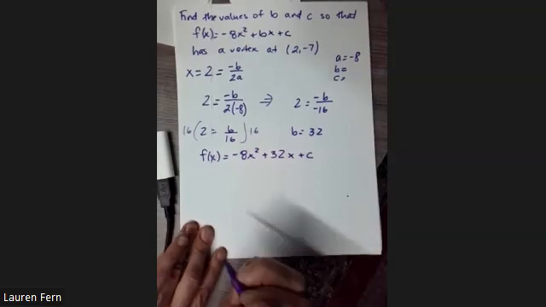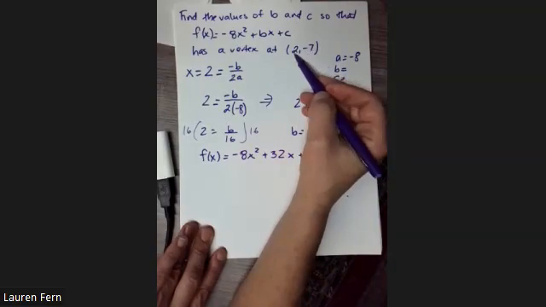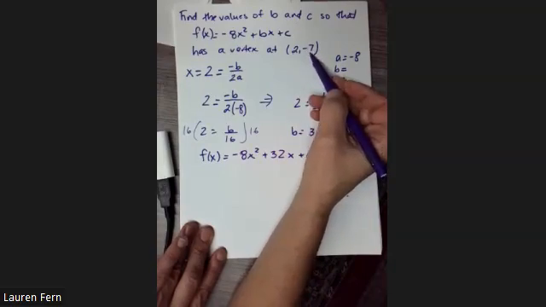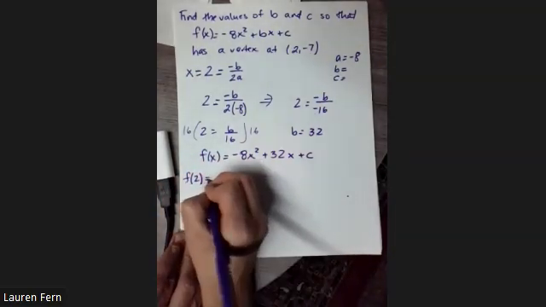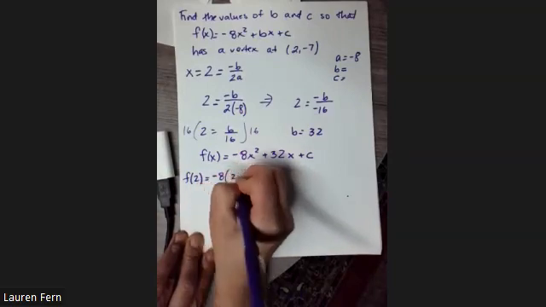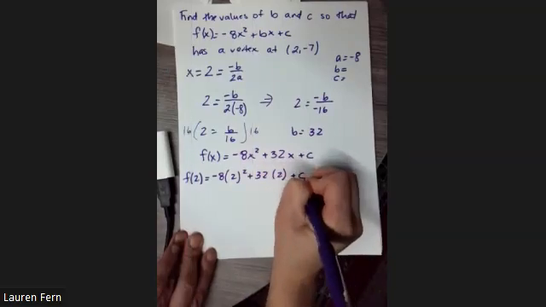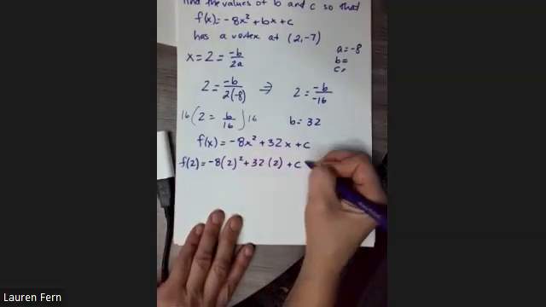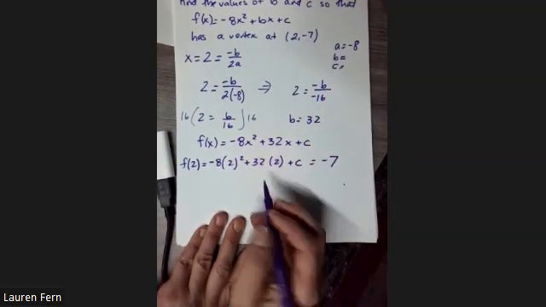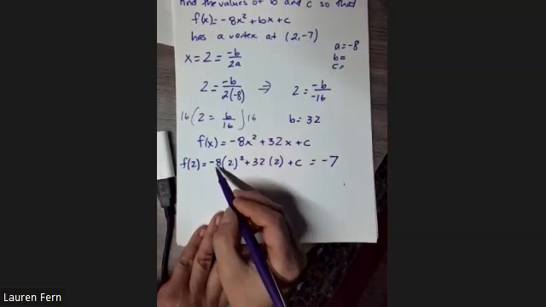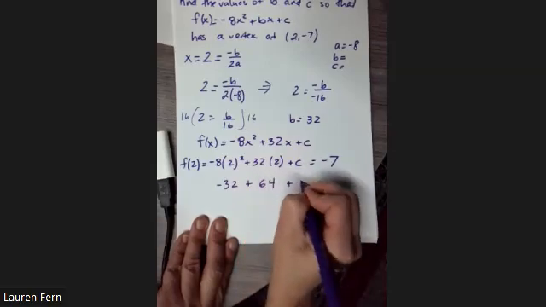All right, one more piece of information. We are also given our function value at 2. We know when we plug 2 in, -7 comes out. Well, what is f of 2? We have -8 times 2 squared plus 32 times 2 plus c. And we know that's got to be equal to -7. All right, well, 2 squared is 4 times -8 is -32 plus 64 plus c.